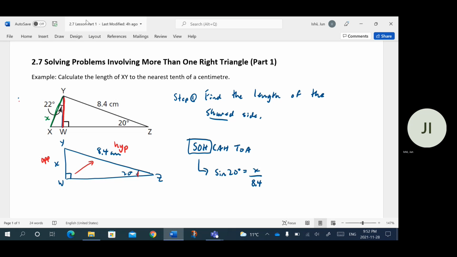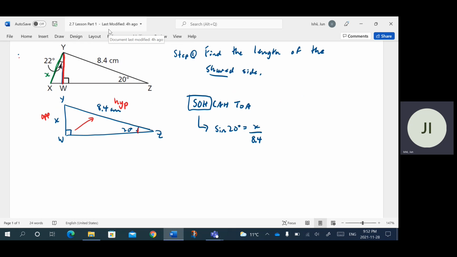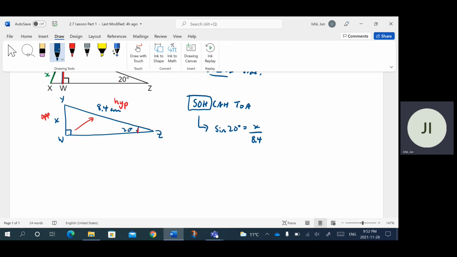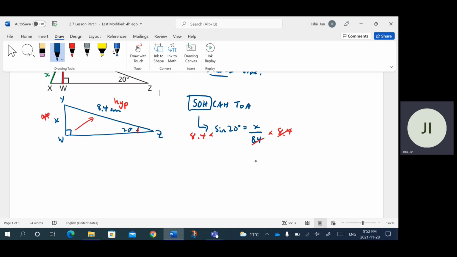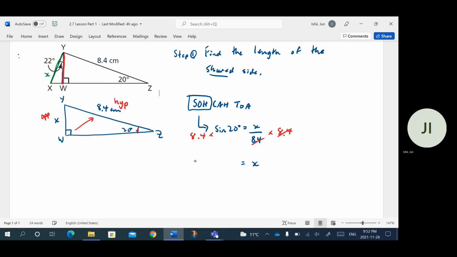Now to solve for x, what I need to do here is multiply both sides by 8.4. So this will cancel with this, and we get x equals 8.4 times the sine of 20 degrees.